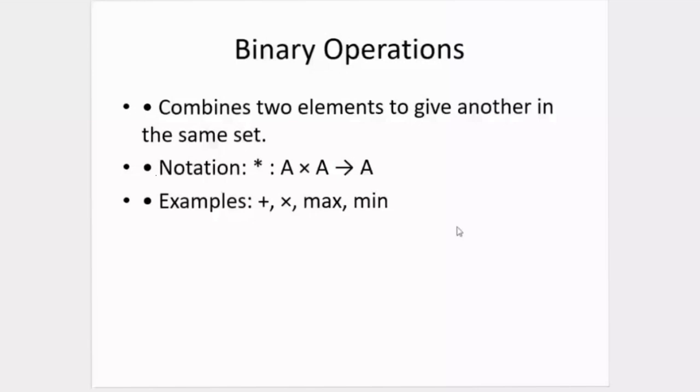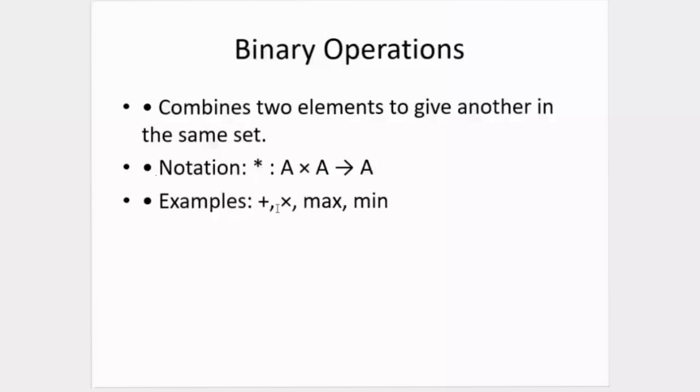When we look at the examples, it becomes much clearer. But basically, the notation for a binary operation is usually the asterisk symbol, like we have here. The operations represented by the asterisk can vary. They can be manipulated in any way possible.